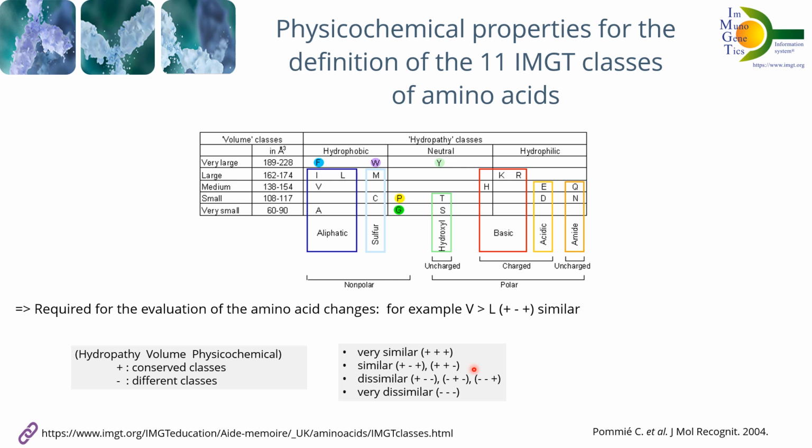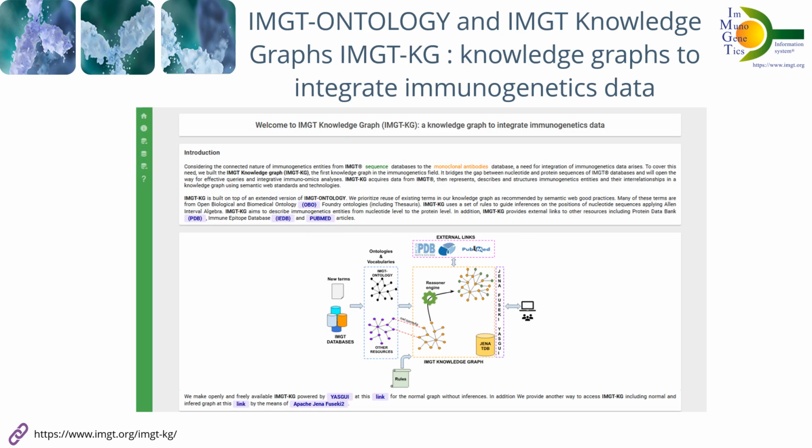The evaluation of the amino acid change is implemented in IMGT tools dedicated to the nucleotide and the amino acid sequence analysis, and the details of the amino acid classes are available in the aide-mémoire of the IMGT website.